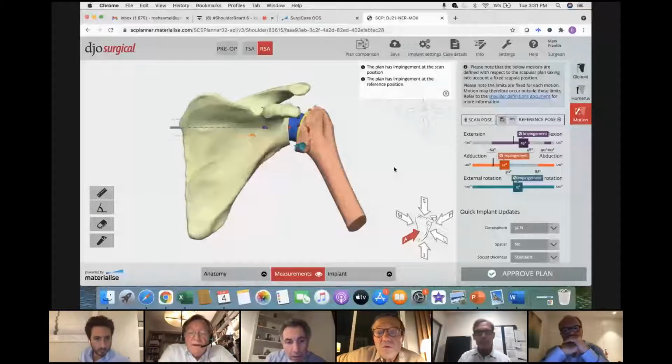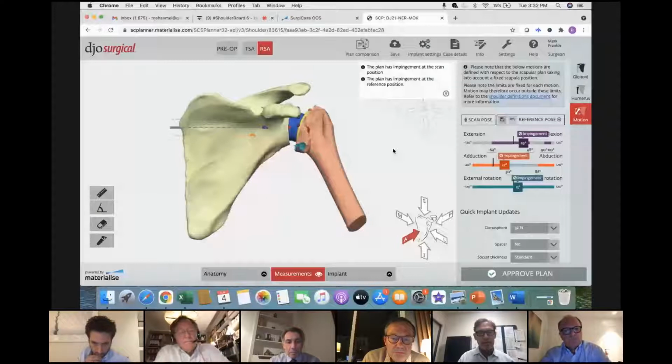Philippe? Yes, I have a comment, Mark. You don't think that the distalization in reverse prosthesis is useful for the deltoid? Is that not your experience? Well, I don't know. My belief is that, especially in an osteoarthritic shoulder, the reason that we're talking about a reverse in this particular patient is because the offset of the articular portion of the glenoid is so dysmorphic.